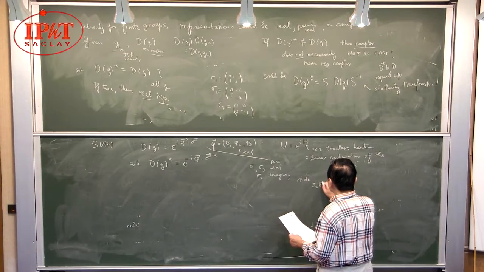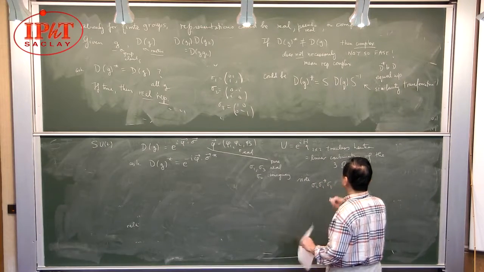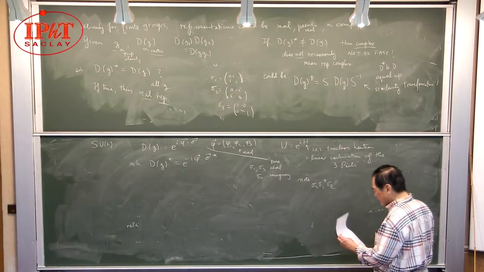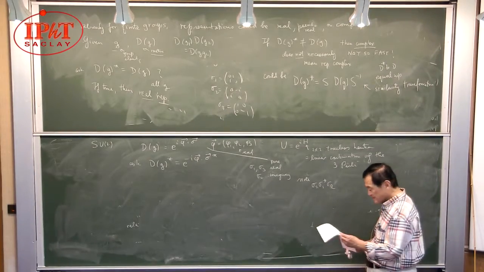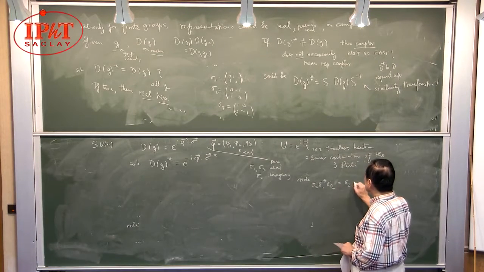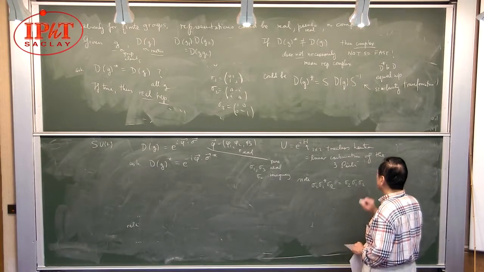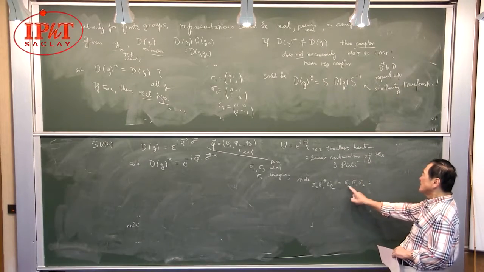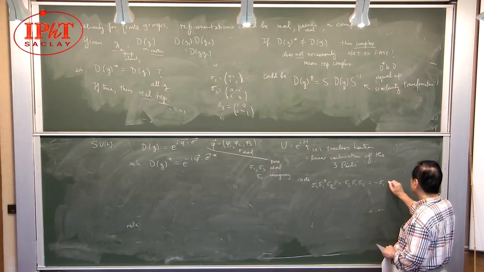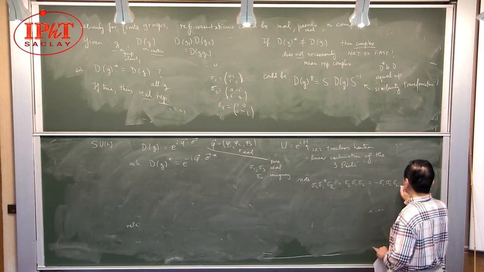Sigma 2, sigma 1 star, sigma 2. So I will now do this by brute force, very slowly. Sigma 1 star, since sigma 1 is real, is just sigma 1. But sigma 2 and sigma 1 anti-commute. This is one of the properties I asked the students to check.